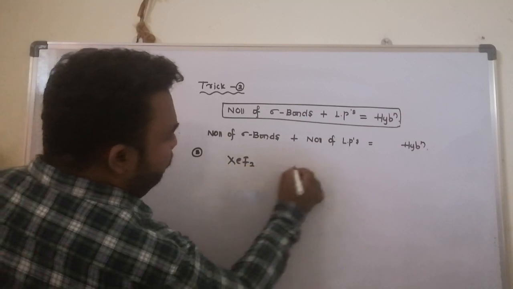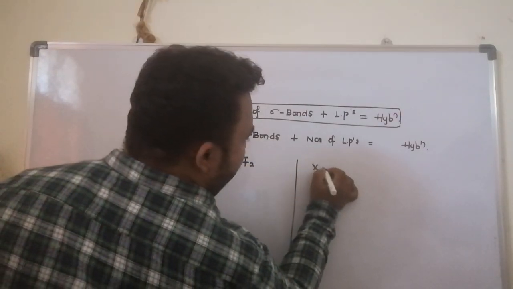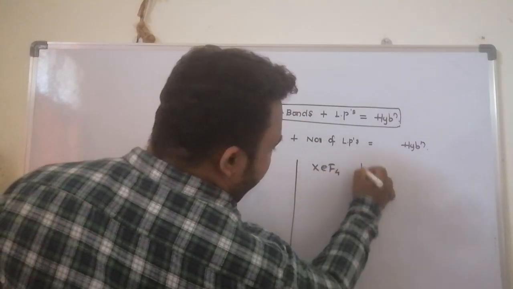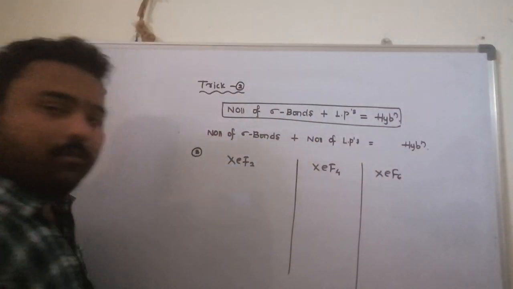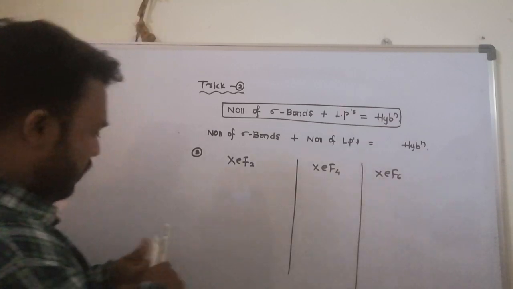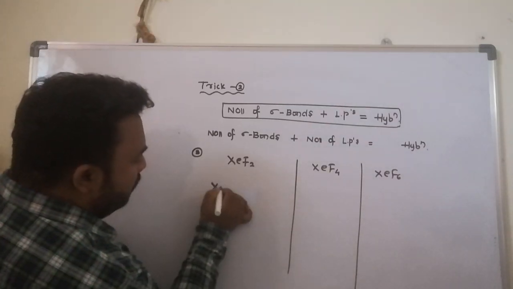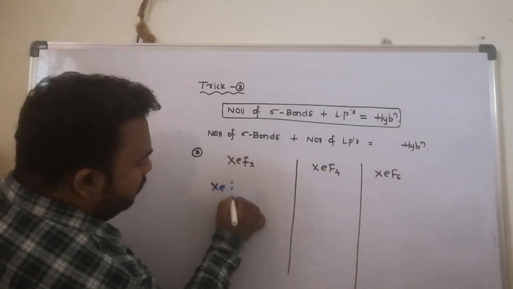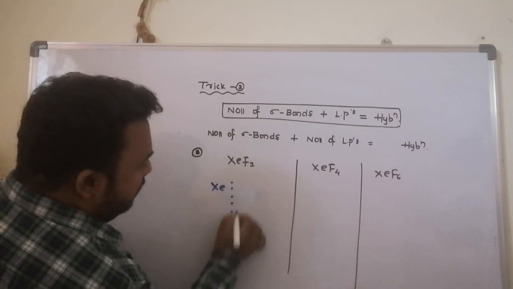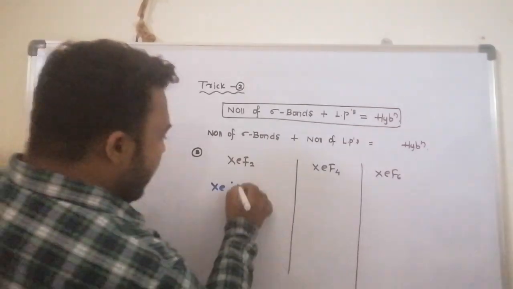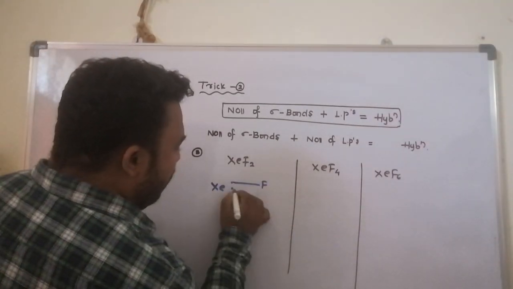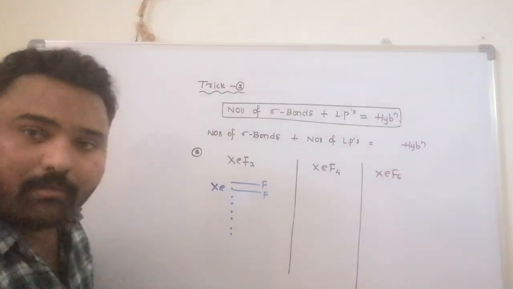XeF2, XeF4, XeF6. Xenon is the central atom which has 1, 2, 3, 4, 5, 6, 7, 8 valence electrons. 2 valence electrons bond with 2 fluorines.